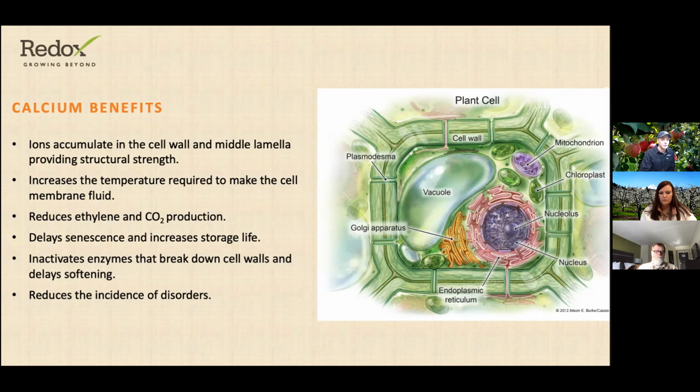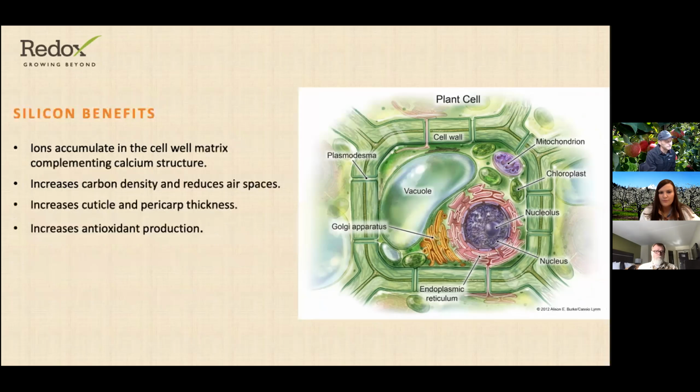And of course, we get a reduction in disorders, which is a big deal for us, whether that's things like bitter pit or cork spot, or simply decay organisms that attack the crop once it's harvested and put into storage. So lots of things that we're looking for with calcium.